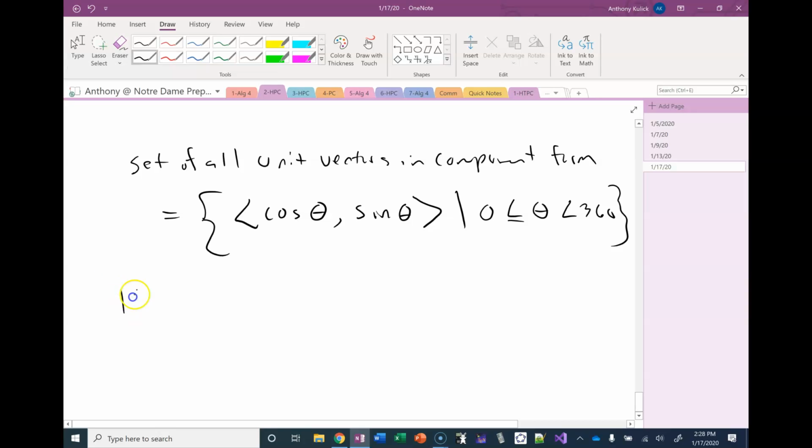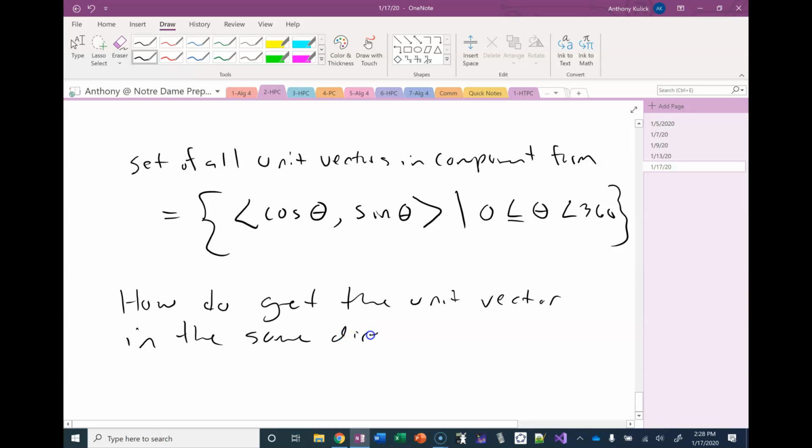So how do I get the unit vector in the same direction as some vector v?